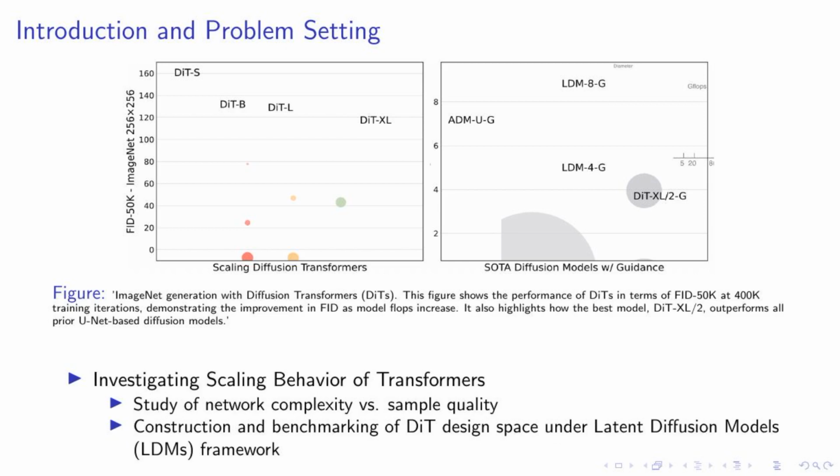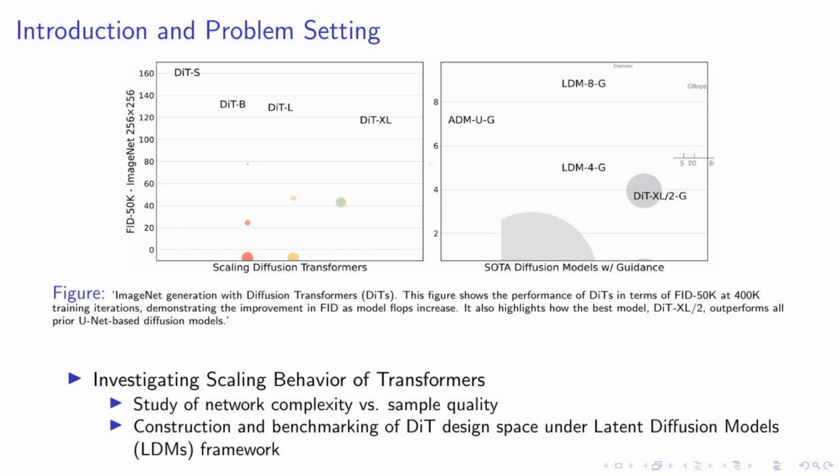Let's delve into the scaling behavior of transformers. We've conducted a comprehensive study examining the relationship between network complexity and sample quality. This is illustrated in the figure, which shows the performance of diffusion transformers, or DiTs, in terms of FID 50K at 400K training iterations. As you can see, as model flops increase, there's a significant improvement in FID.